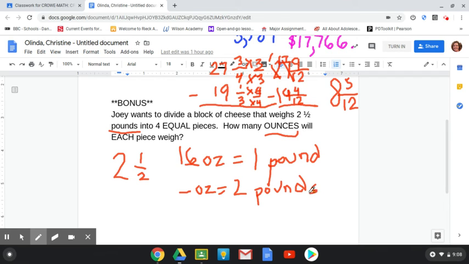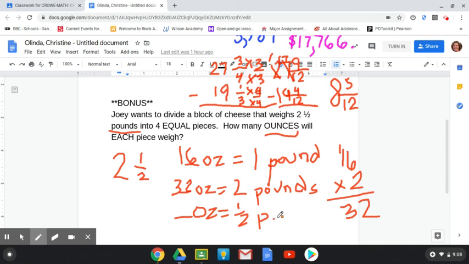That means I have to take 16 and multiply it by 2. 16 times 2 is 32. But I also have a 1/2 of a pound. So how many ounces equals 1/2 a pound?